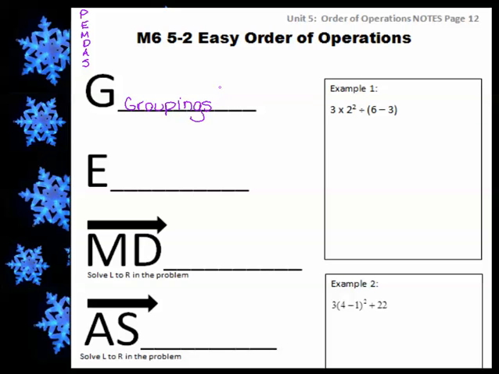And groupings can include different things. They can include the square brackets, and they look like this, and we'll talk about those. So square brackets. We still talk about parentheses.